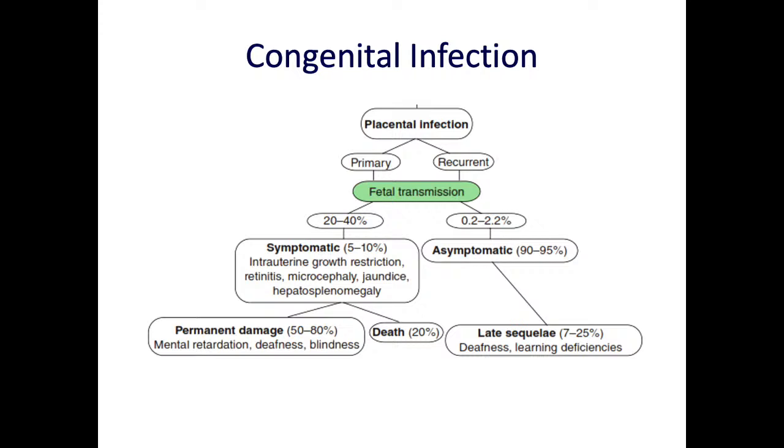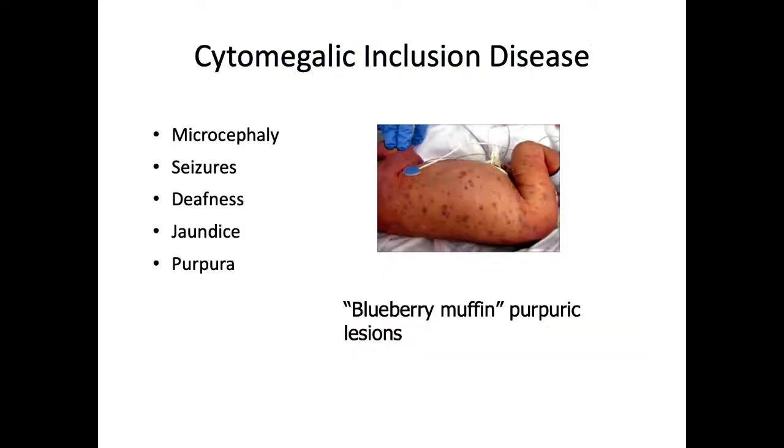And babies born symptomatic, babies born with cytomegalovirus infection, the disease name is cytomegalic inclusion disease, can show this blueberry muffin patches on the skin. These are hemorrhagic patches, purpuric lesions. This we might see with rubella infection as well, but as I have mentioned, rubella infections are quite rare now.